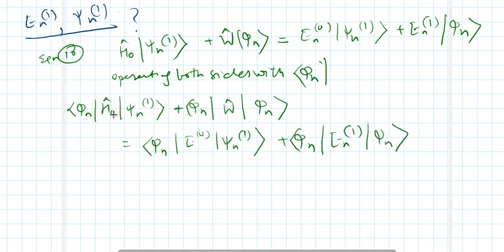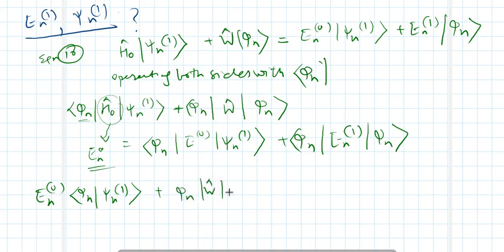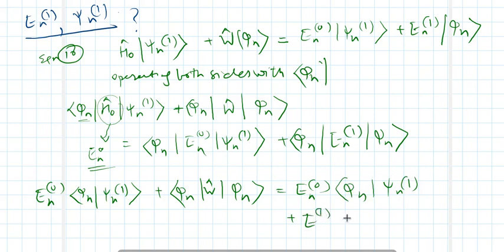Since its eigenvalue when operated with phi n will be En0, keeping this in mind I can write this as En0 phi n psi n1 plus phi n W phi n must be equal to En0 phi n psi n1 plus E1 phi n phi n.